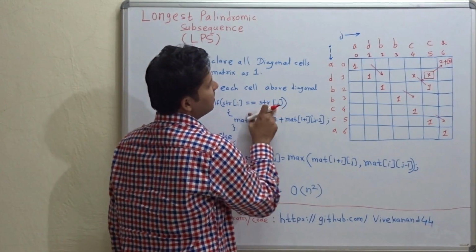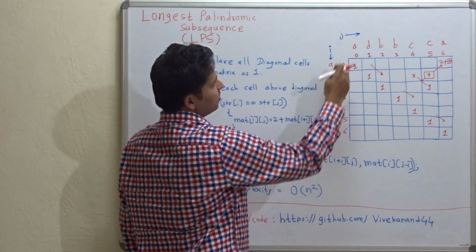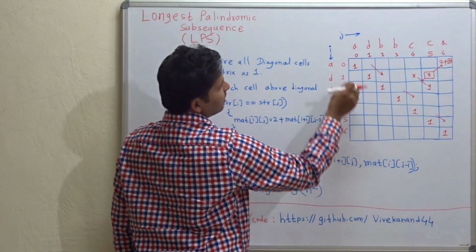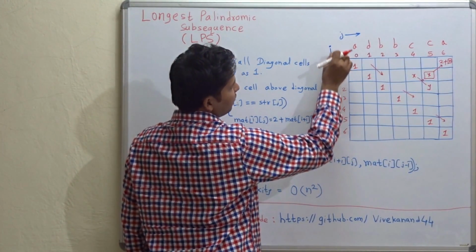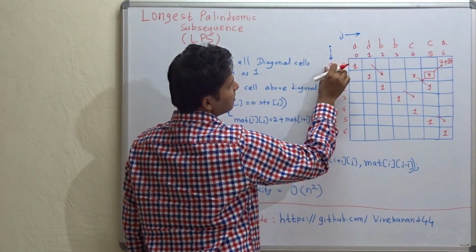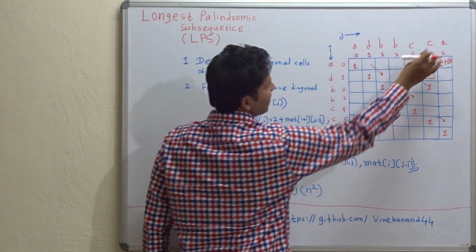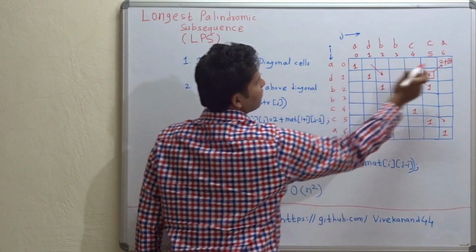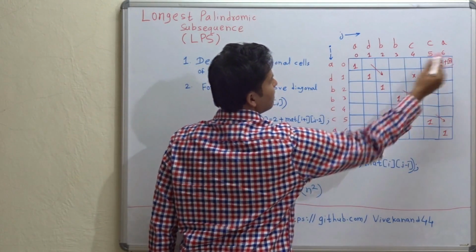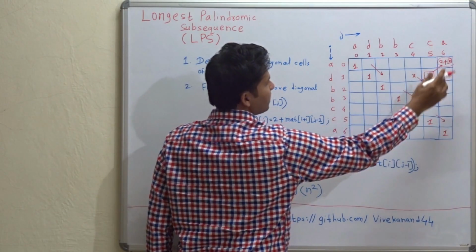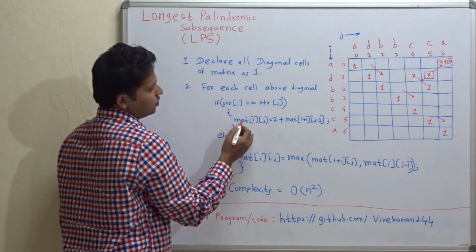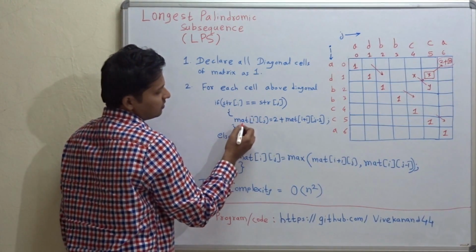So this means that I is tracing the row, j is tracing the column. So str of I means the character in the row and character in the column.